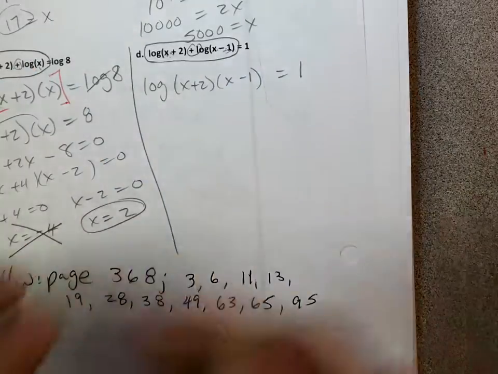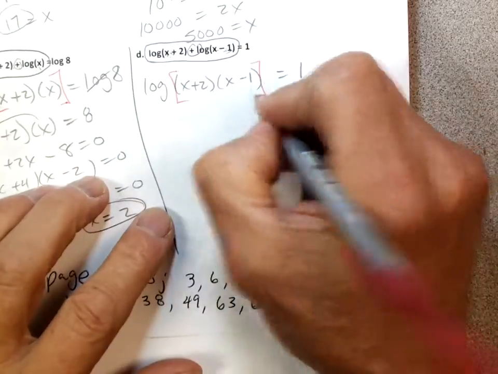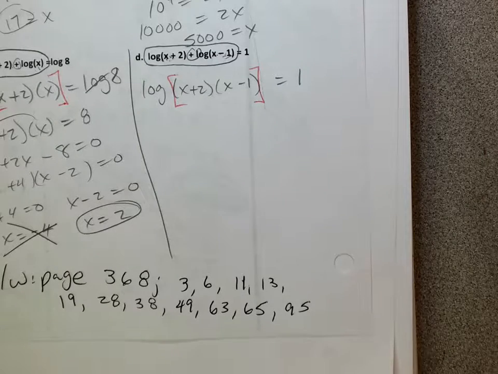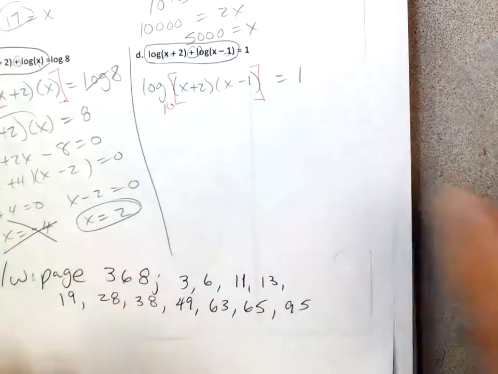I'm going to put brackets around there so you know that's log of that entire thing, okay? Now, I need to get rid of the log because I really can't solve for the log, but I can change it to exponential form, but I need a base. What's my base? 10. So I got a base 10 because if it's common log, it's base 10.